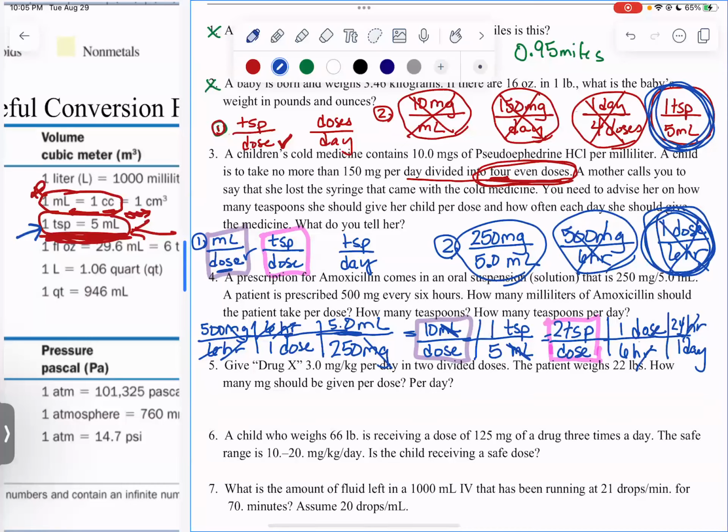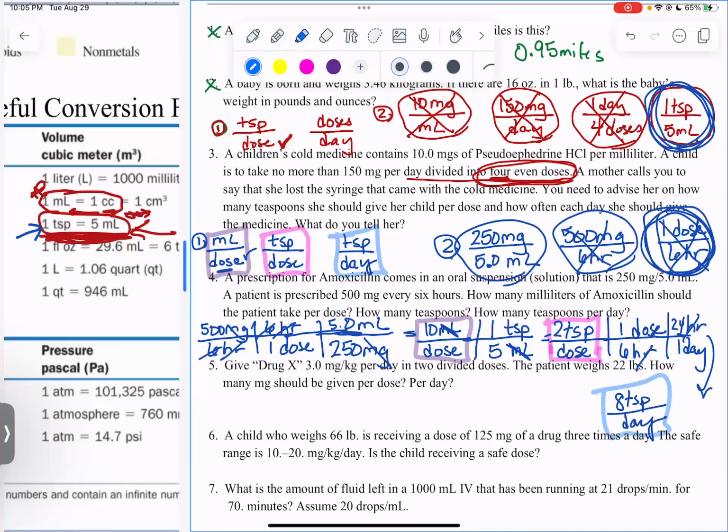So my hours cancel, and what I'm going to get is 8 teaspoons per day. Teaspoons per day. Just make sure that you track everything that you're doing, write it all out, do whatever you need to do. Okay, let's do the next one.